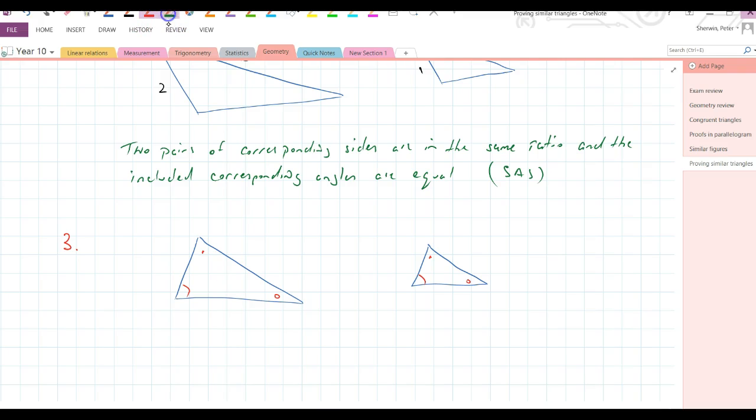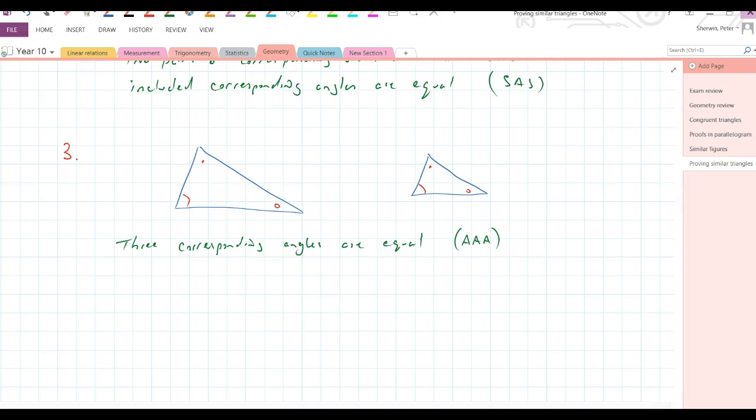So this one is three corresponding angles are equal. And that's an AAA. And actually, because of what I've just said about the angle sum of a triangle, we can get away with finding just two pairs of corresponding angles to be equal.